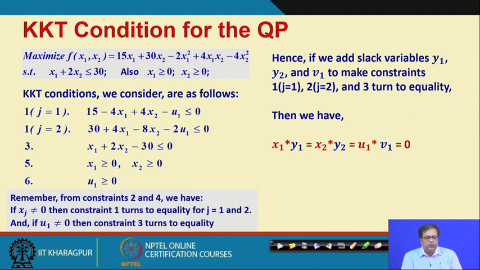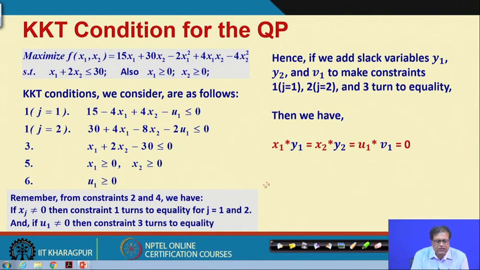So what can we do? We can now add some slack variables, that is y1, y2 and v1, to make those 3 constraints equalities. Let us see how they look.